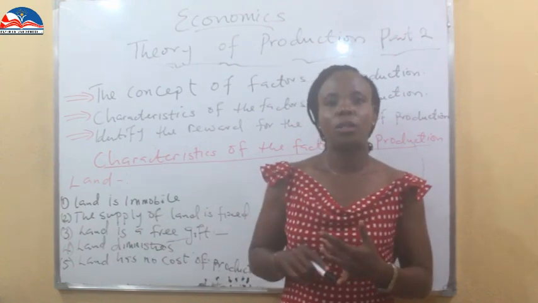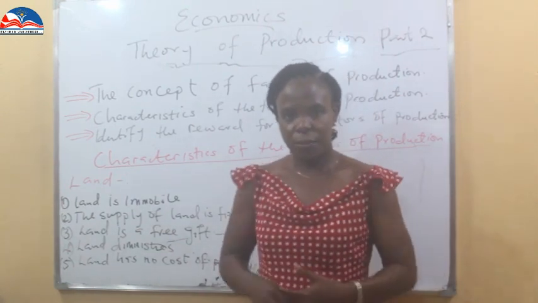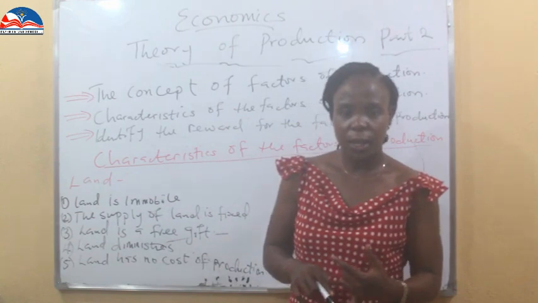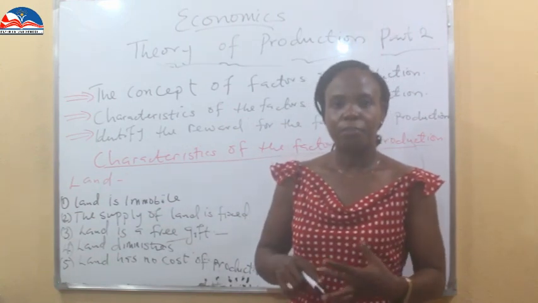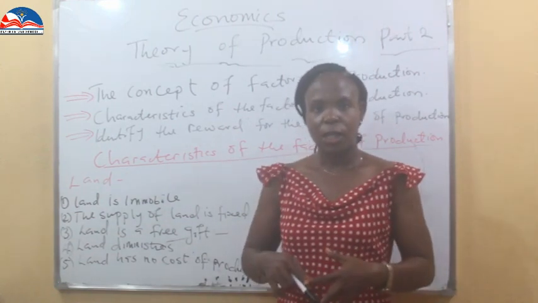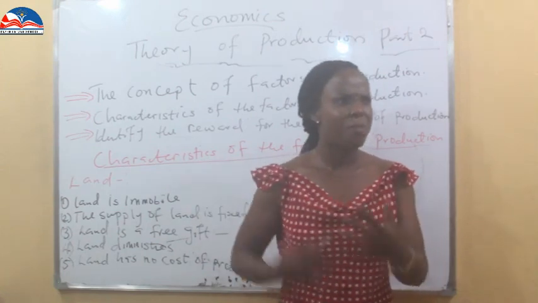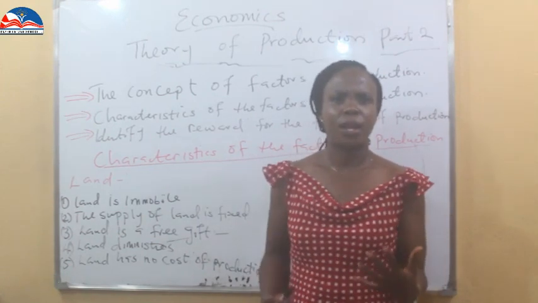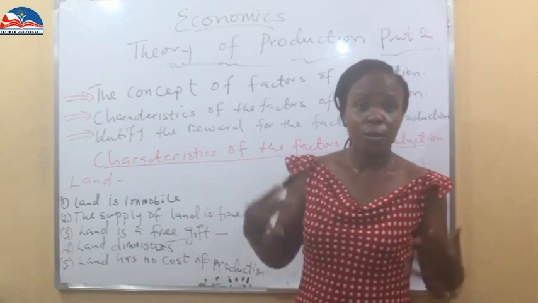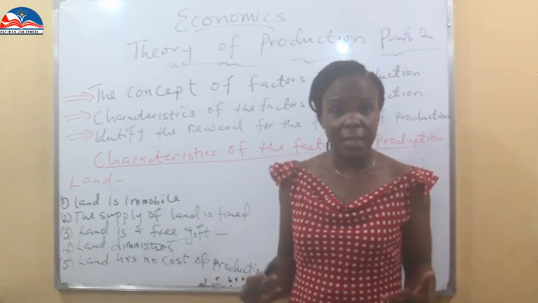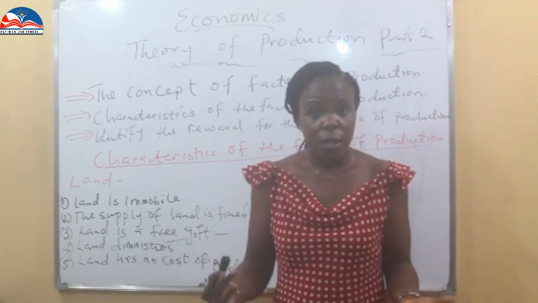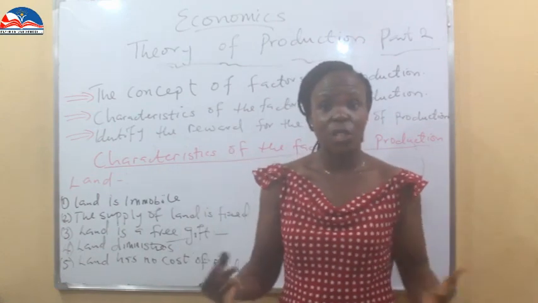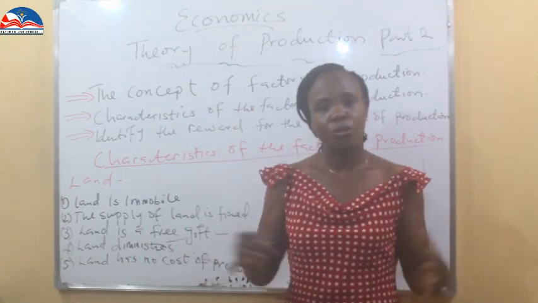It means all the free resources found therein: water, forests, fish, gold, anything you can mine from the soil, that is a free gift that has been given to us naturally by creation, is referred to as land.